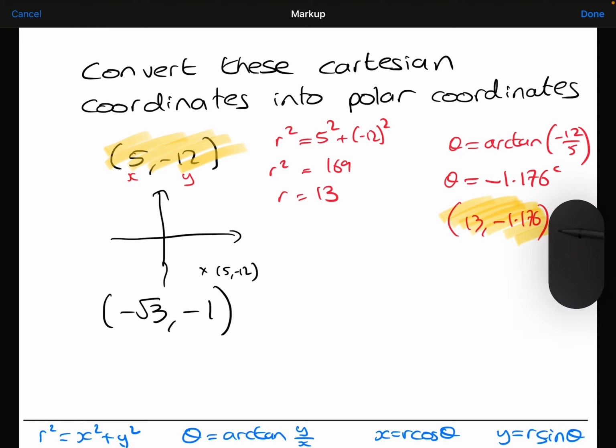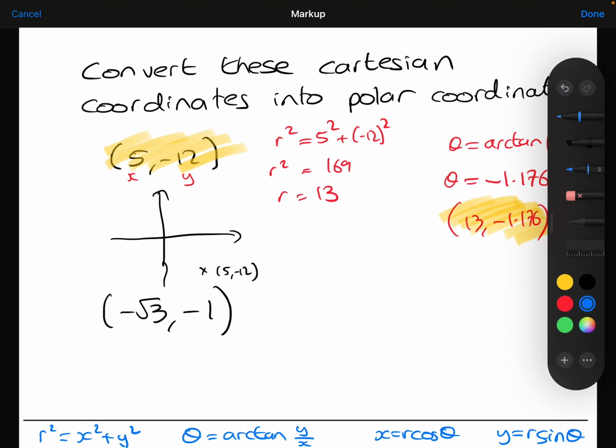In polar form, what we're saying then is this length there is 13. We're saying that this angle is 1.176. The reason why it's negative is because it's below the x-axis.